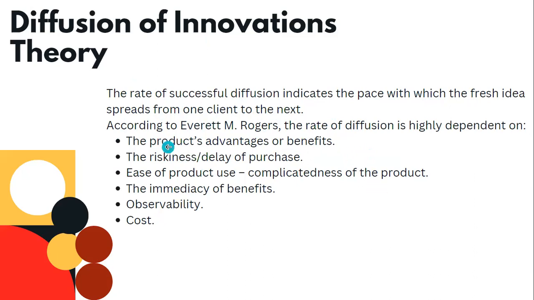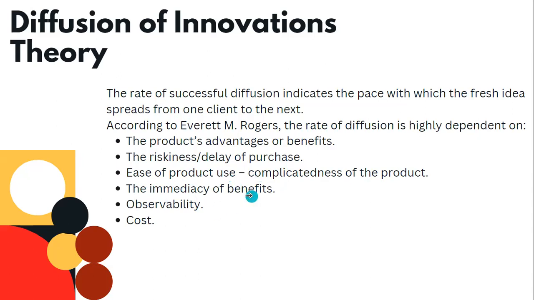How risky is it? Is it extremely expensive, or does it require, should I give my bank account details while purchasing this share, or some things like that? The ease of product use, is it really complicated? Even if it has a lot of advantages, do I need to go for a course in order to use this product?